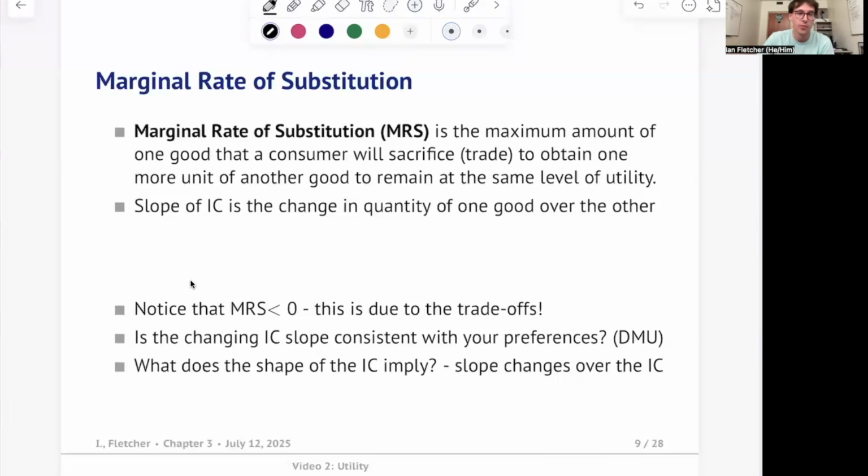And so what we have here is that the slope of the indifference curve is just the change in the quantity of one good over the other.